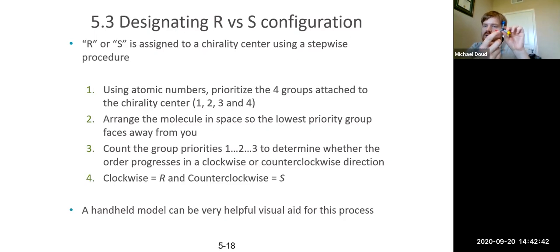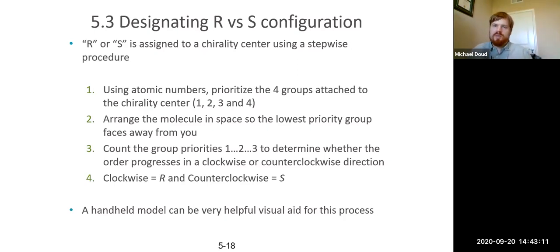So going 1, 2, 3, this is really tricky for me because I'm looking at it the opposite way of you. That is going clockwise, right? Yeah, clockwise. Sorry, it's very tricky to flip things around like that. So clockwise is actually what we call the R configuration. Counterclockwise is going to be the S configuration.